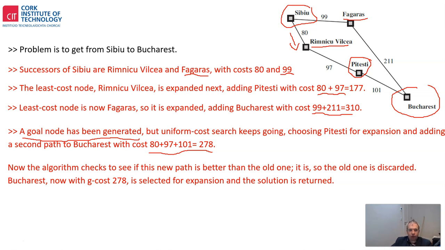So now the algorithm checks to see if this new path is better than the old one. It is, so the old one is discarded. Bucharest now goes with a cost of 278. It's selected for expansion, and the solution is returned. Okay?